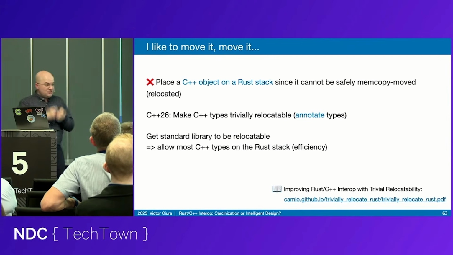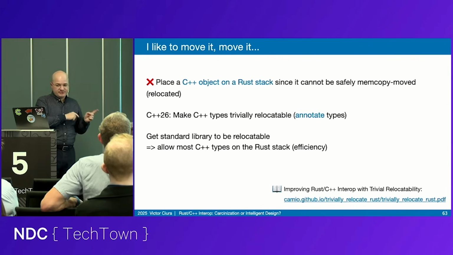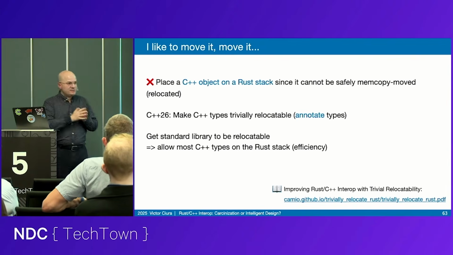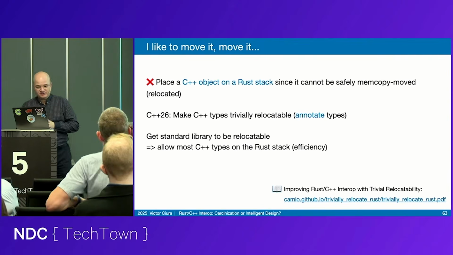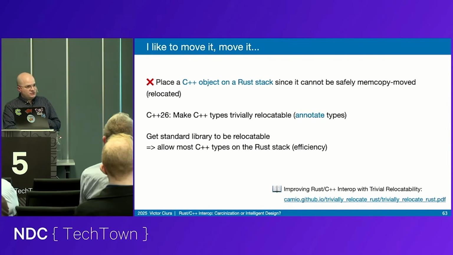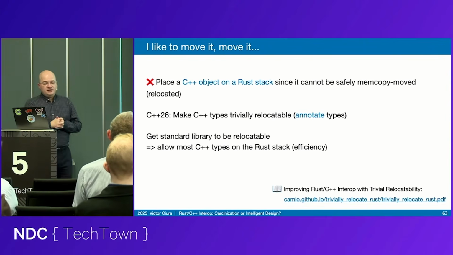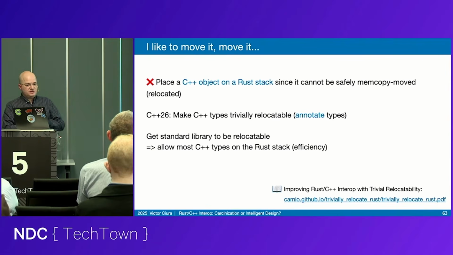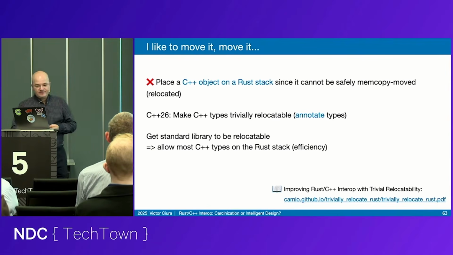So that's why before we had trivially relocatable types, you couldn't reason about placing a C++ object on a Rust stack, right? That's the tricky bit. With C++26 trivially relocatable, if such a type is trivially relocatable, and most plain things will be, then you can reason about putting C++ objects on the Rust stack and have efficient Rust interop.